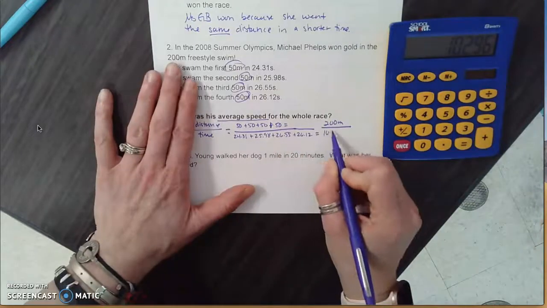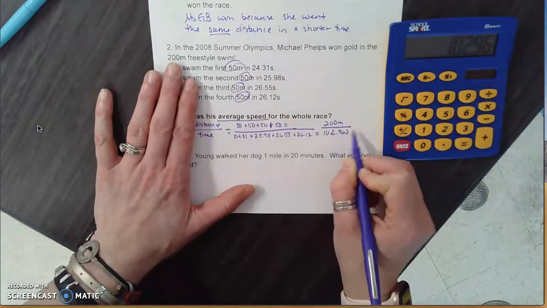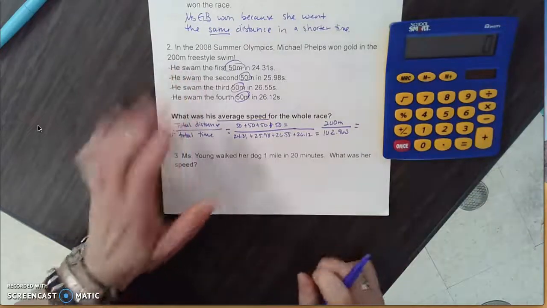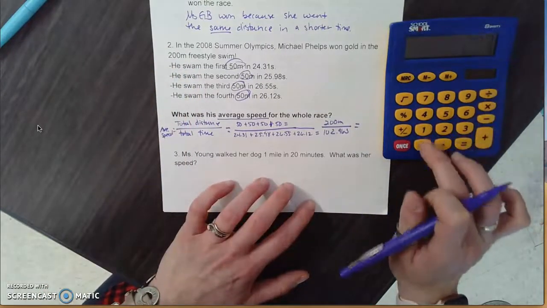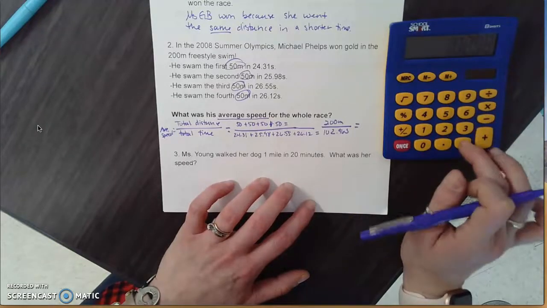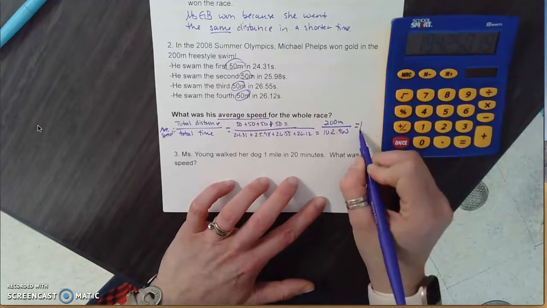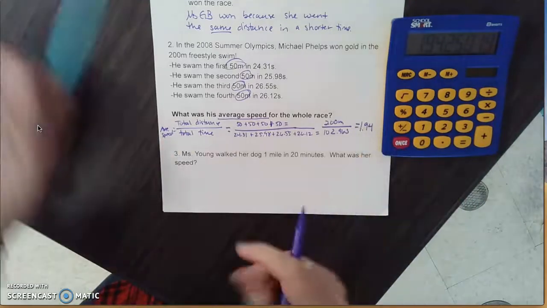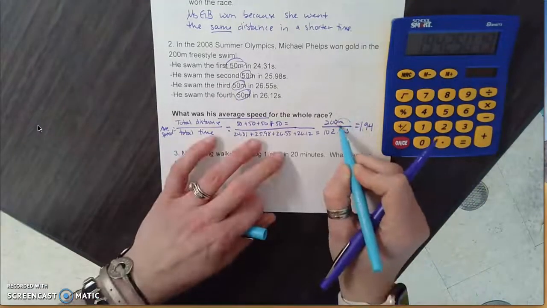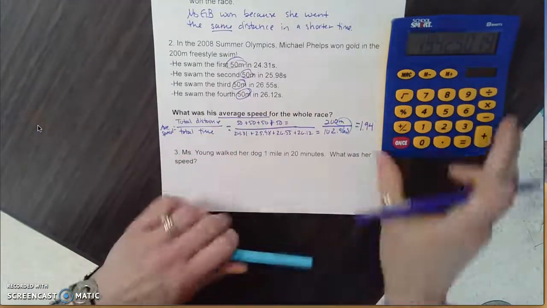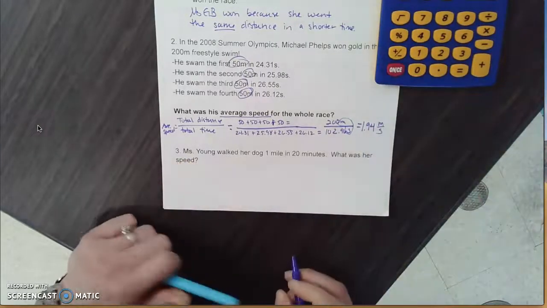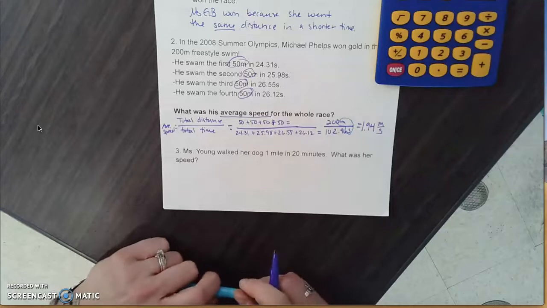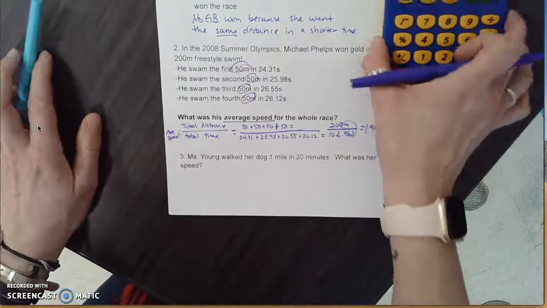I have 102.96 seconds. So now I can do my distance divided by time: 200 divided by 102.96 equals 1.94. And again, for my unit, it's right in my problem. My speed unit is meters per second. So he had an average speed of 1.94 meters per second.